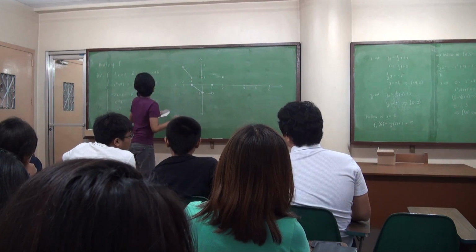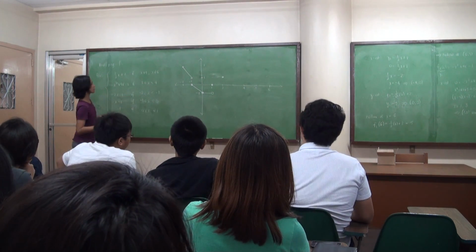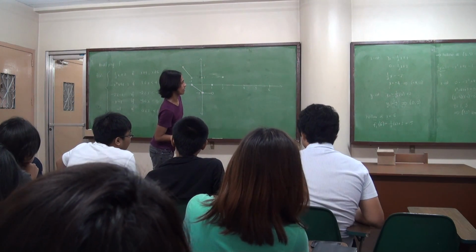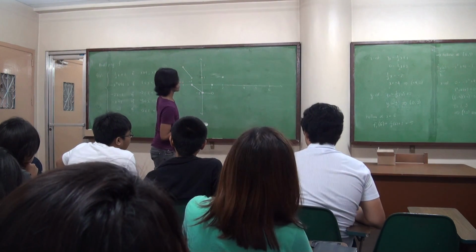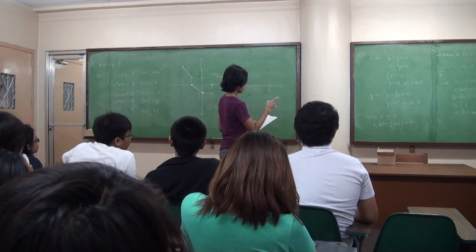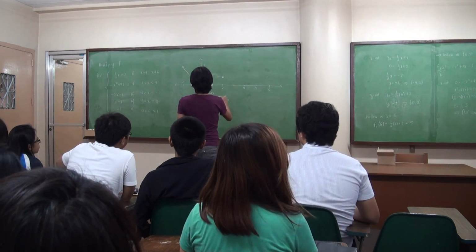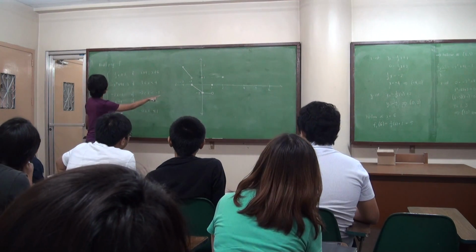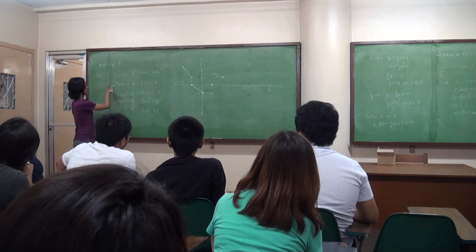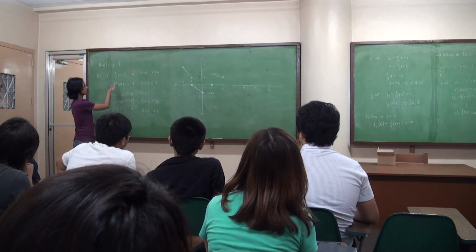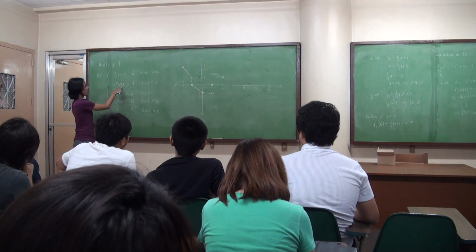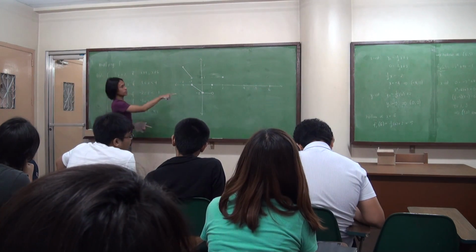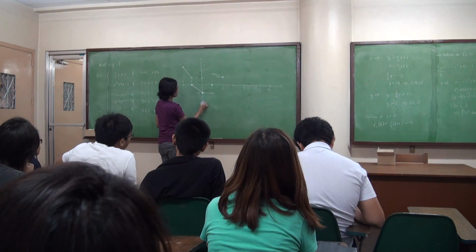Now, finally, pag 4 naman, that would be negative 4 squared, that would be 16, negative 16 plus 16. So 0, so negative 3. So 4, negative 3.